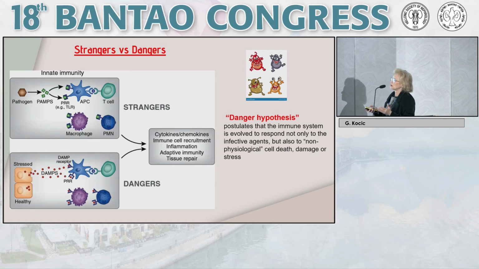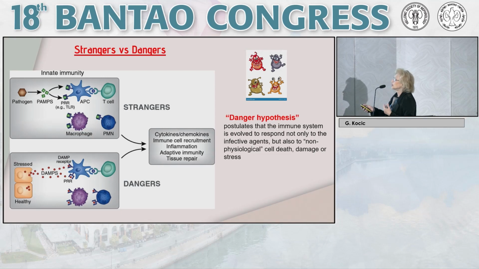Now we can see that on one side we have strangers, the pathogen-associated molecular patterns. On the other side, we have dangers, which are released or secreted from damaged cells.